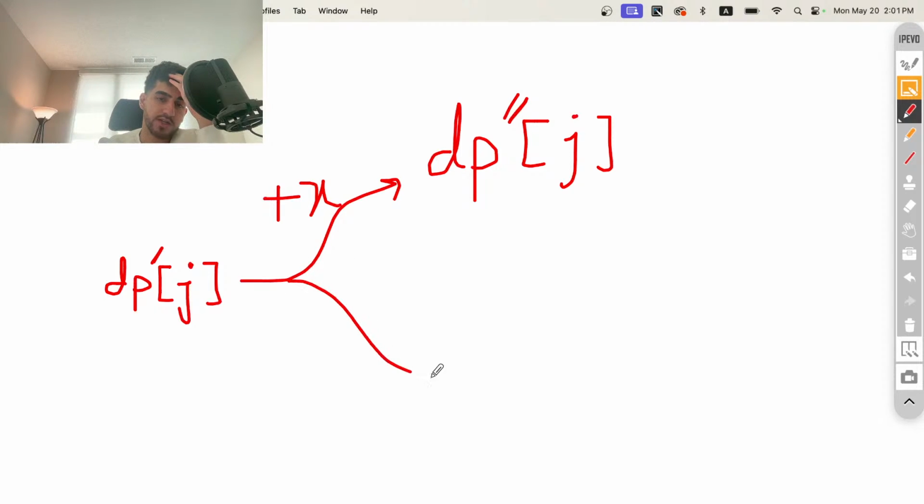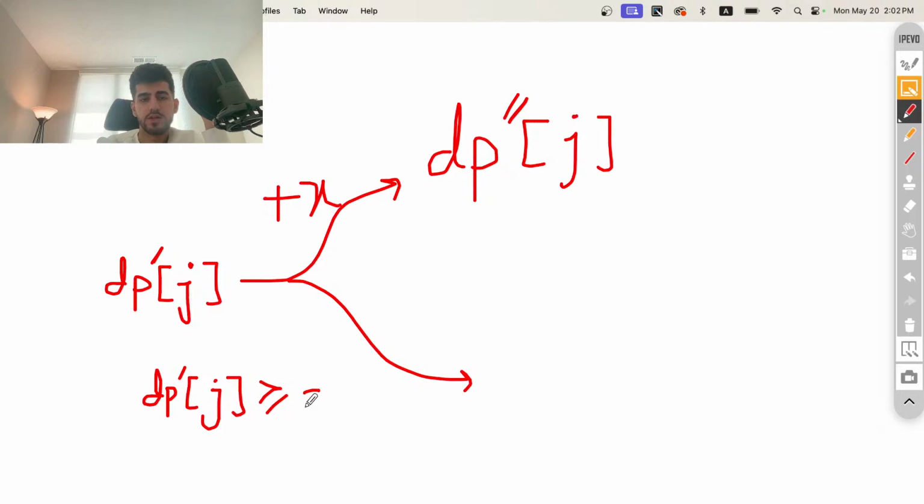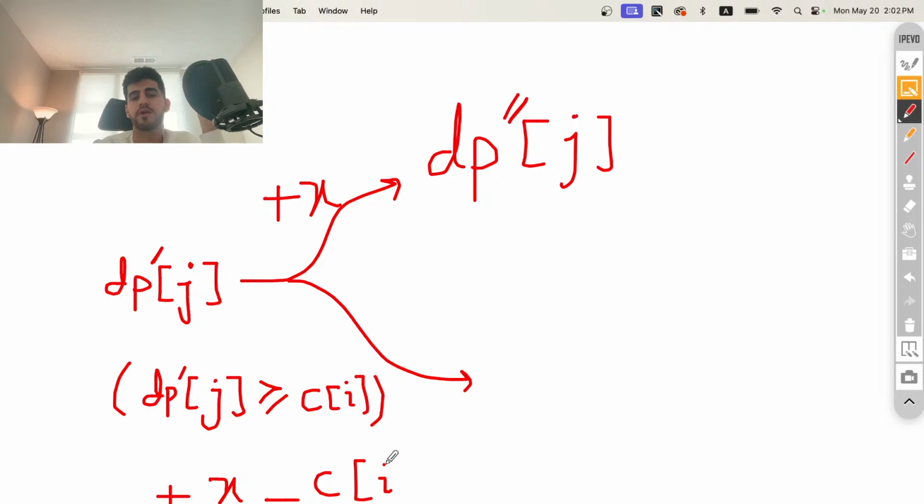And if we buy something, we have a condition first. First, this dp should be greater than or equal to the cost of buying happiness here. And if so, our money will be added by x minus c of i, which can be a positive or a negative number.